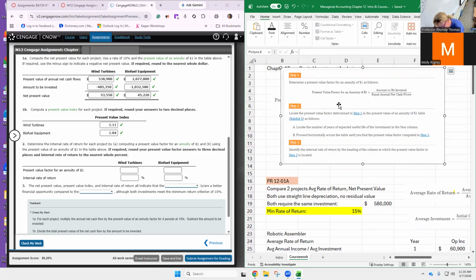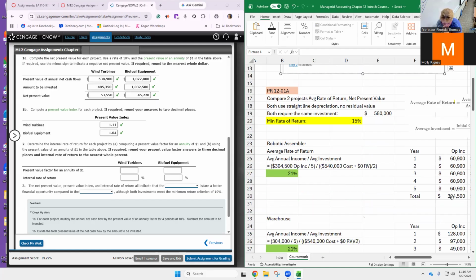We're going to find a factor, then look for it on the table and try to find one that's as close as we can. If it's not exact, find about as close as we can get it. Then we go up to the top of the table to see what the percentage is that corresponds with the factor we just found. To find the factor, you need the amount you invested, and then you need an equal annual net cash flow. If you didn't have equal, you would need to make one equal.